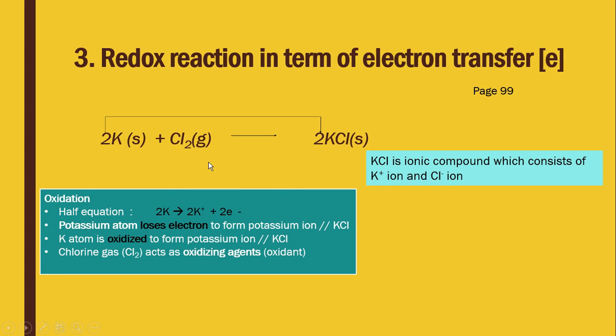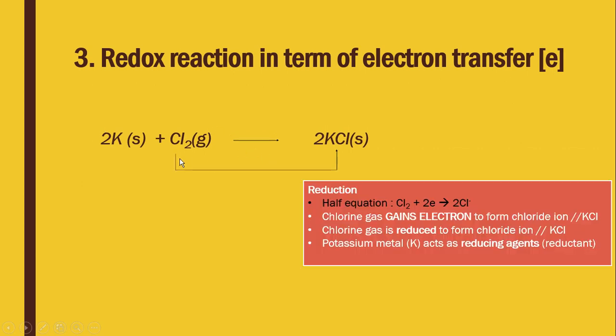The second one is the reduction process. Look here. Chlorine gas after the reaction becomes potassium chloride, because there is only one product. Originally chlorine gas, after the reaction, becomes chloride ion, Cl minus ion. So what happens? Just now potassium atom donated electrons, right? Those electrons are accepted by the chlorine atom.